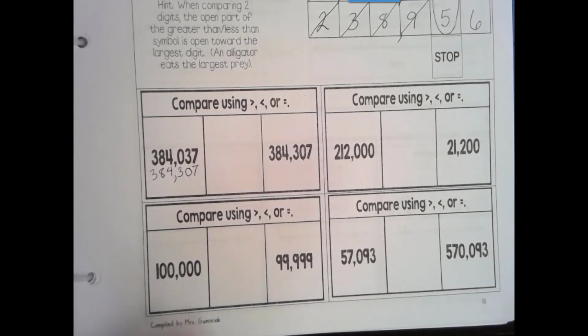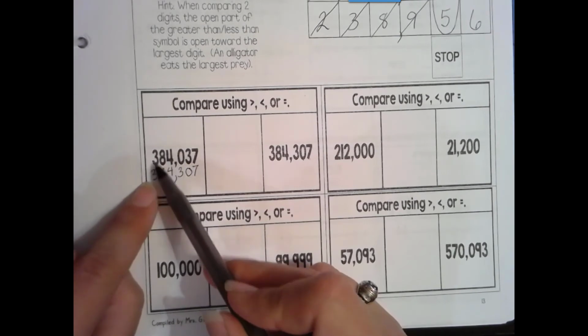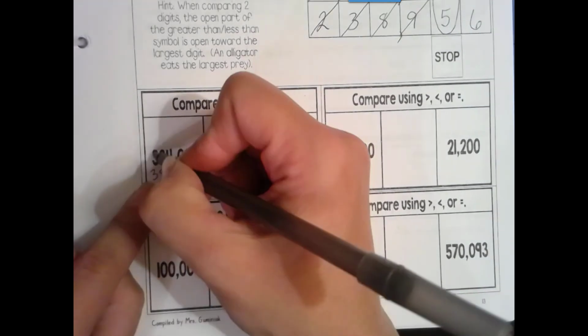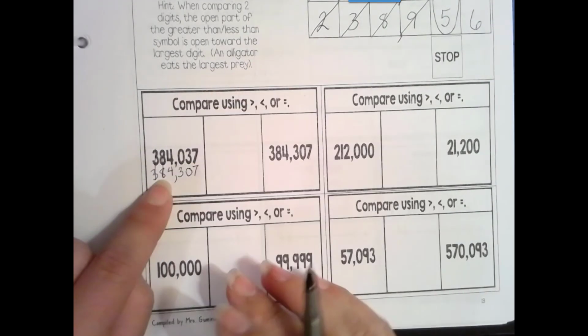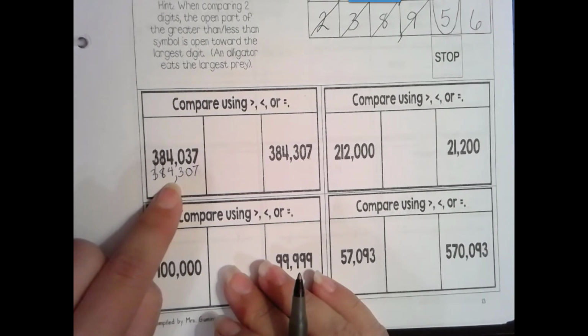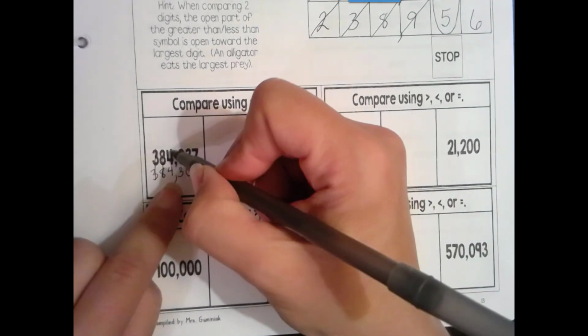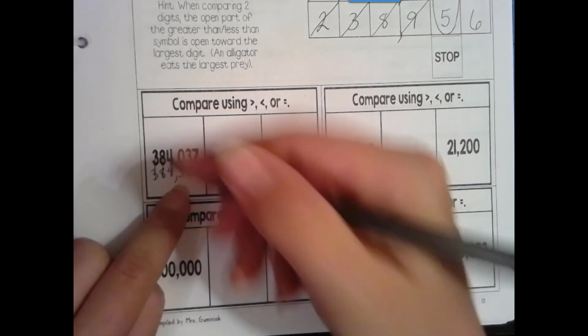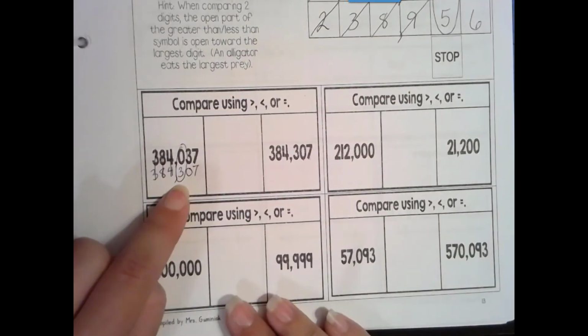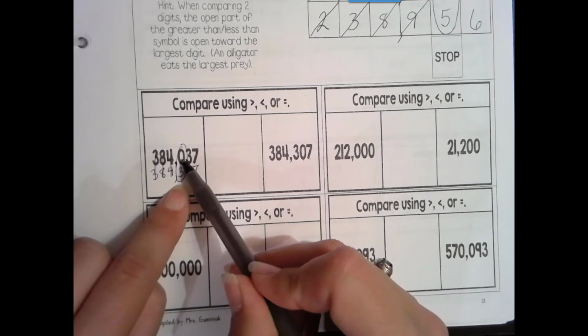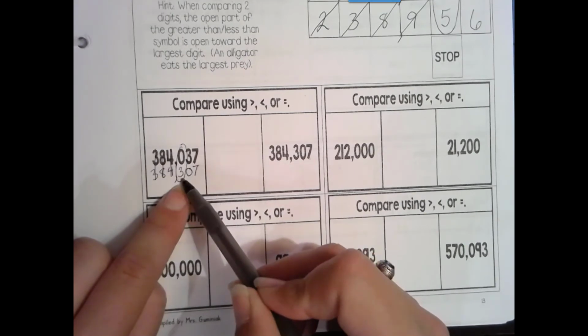Now I'm going to start from my largest place. 3 and 3, those are equal, so that doesn't help. 8 and 8, those are equal, that doesn't help. 4 and 4, those are equal. Here we have a difference. Which is greater? No hundreds or 300?